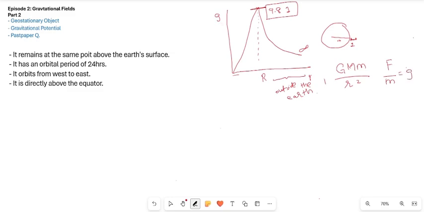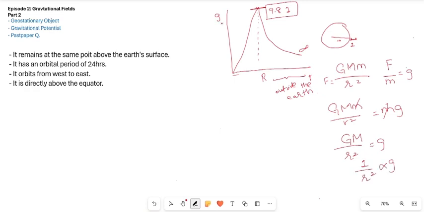Now, if we relate both F, you have GMm over r squared equals mg. And simply when you cancel m, you have GM over r squared equals g. Now, since GM is constant, I can just have 1 over r squared.